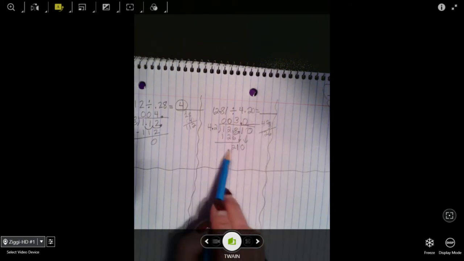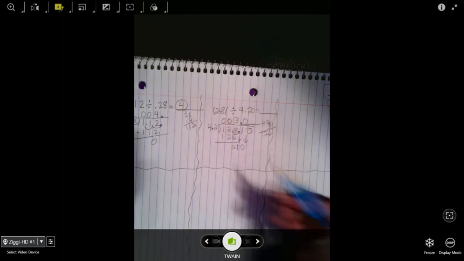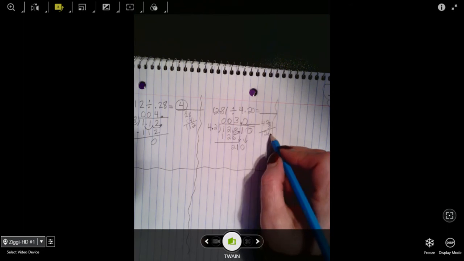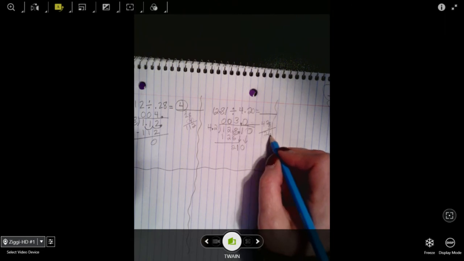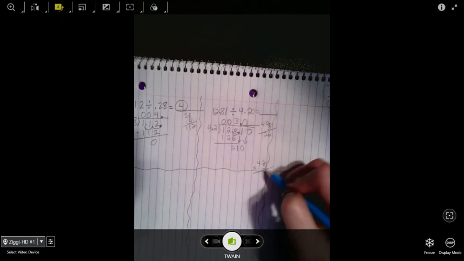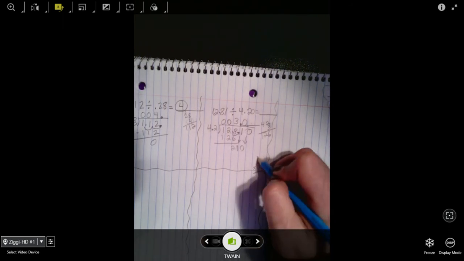How many 42s go into 210? So, I know that times 3 is 126. I'm going to try to double it, because 126 doubled is 252. That might be too much, though. So I'm going to go down 1. 42 times 5. And that's got a 0 on the end. That might work.